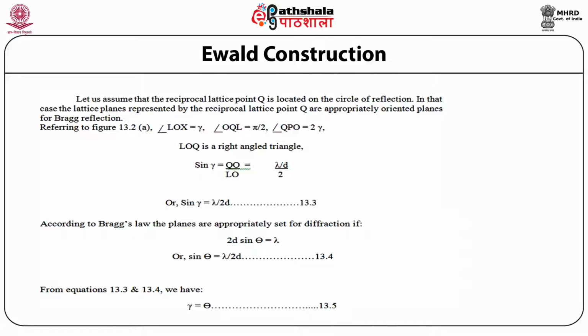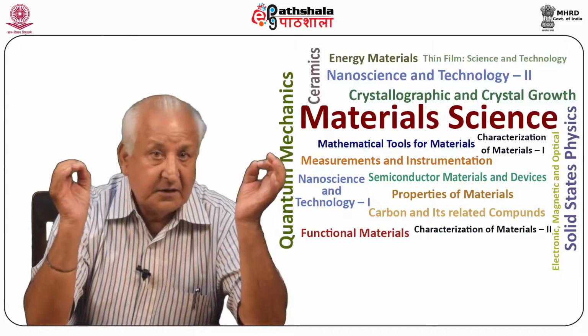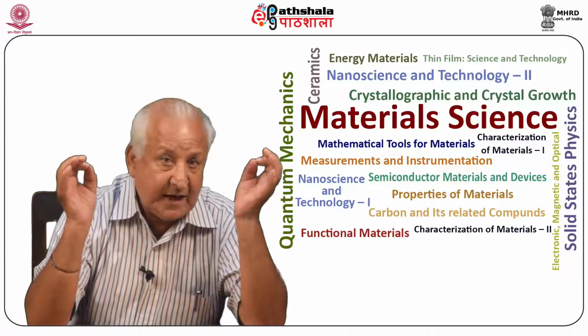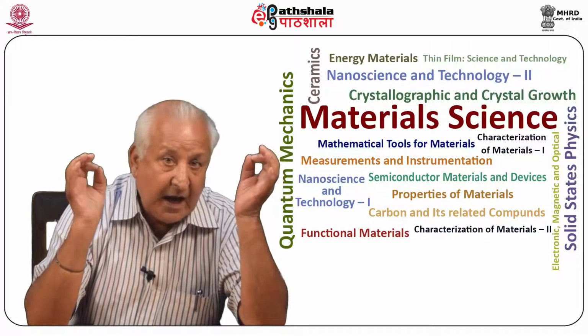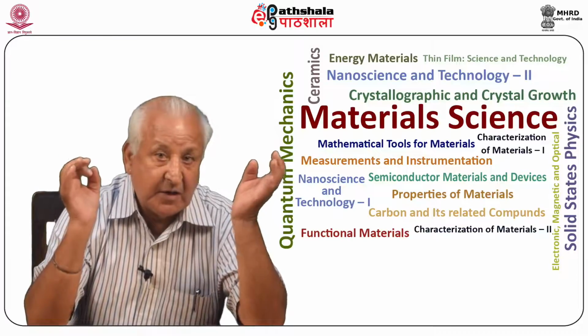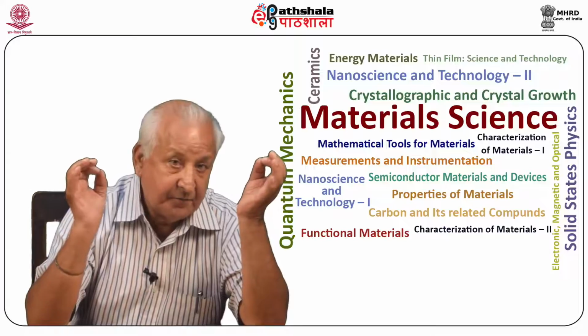From equations 13.3 and 13.4, we find gamma equal to theta, which is given as equation 13.5. It suggests that the set of planes which are parallel to XX prime and identified by the reciprocal lattice point Q satisfy Bragg law.